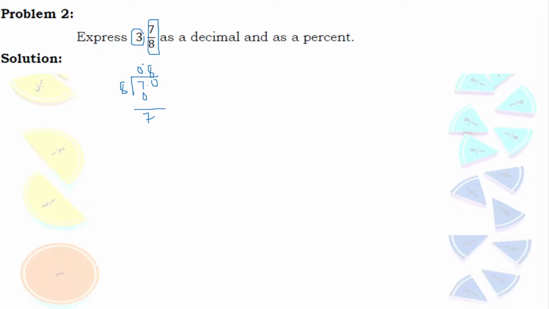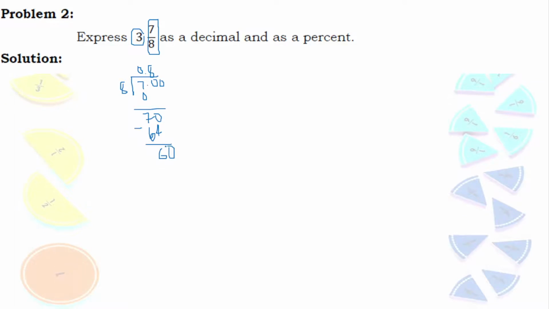Okay. And then 8 times 8 is 64. And then we will subtract 70 minus 64. We'll get 6. Oh, bring down 0 again because it still has a remainder.